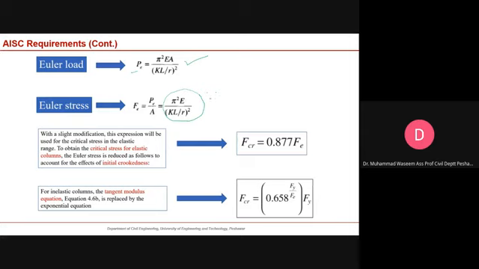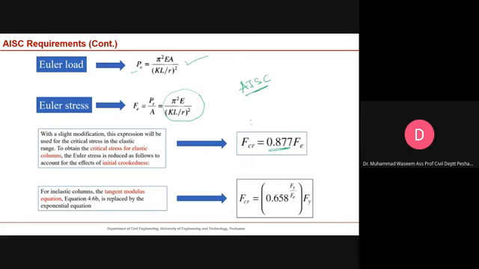So this is the critical stress or critical load. But we know that in the derivation of this equation there are certain assumptions. So the AISC has modified this original equation, and it requires that you reduce the critical stress or the Euler stress in your member.